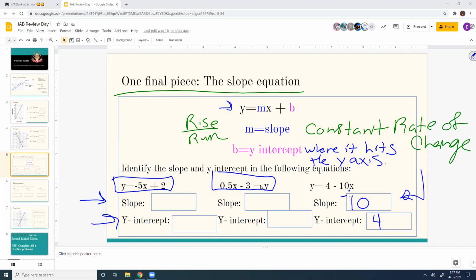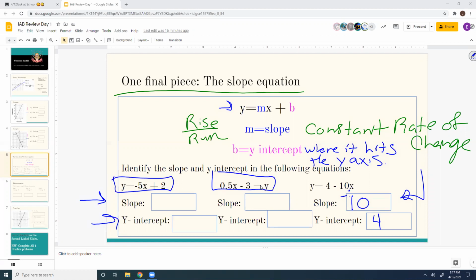Think about it, do we attach our x's to the slopes? It's just asking us for a number. If we look at this equation right there, our slope is always the number that's attached to our x. So if you're looking at this one here, what number is attached to your x in that equation? 5.